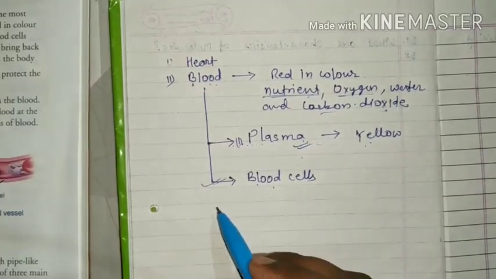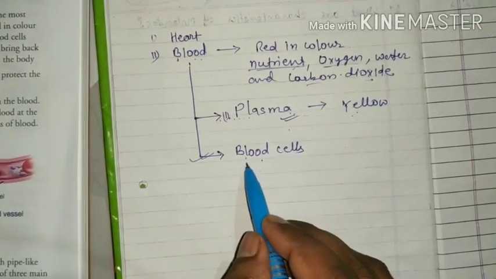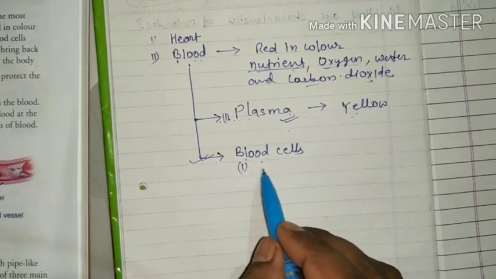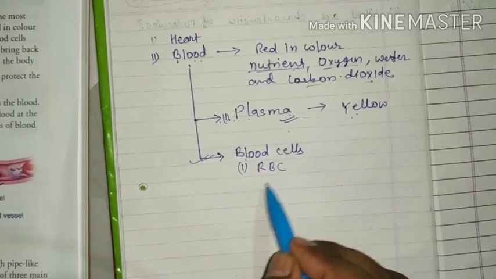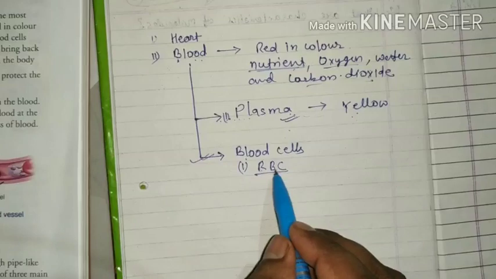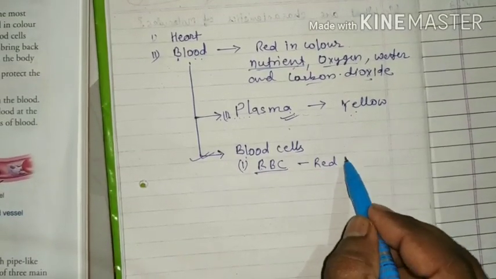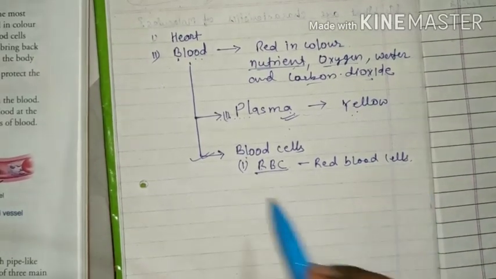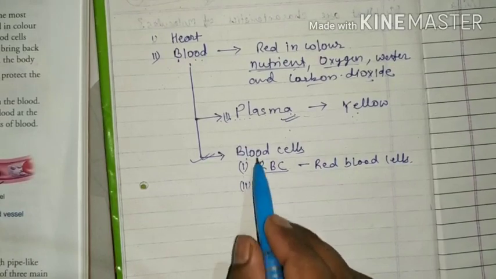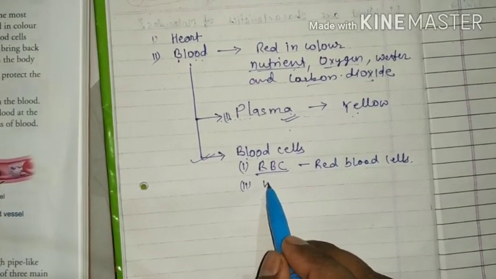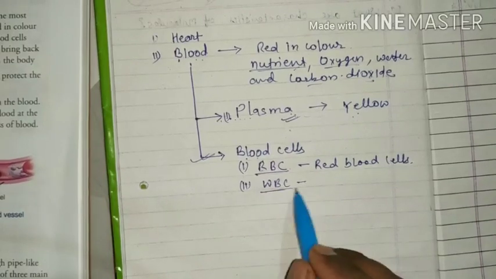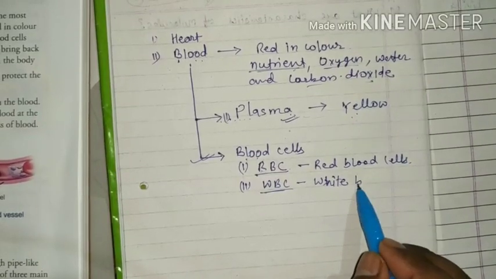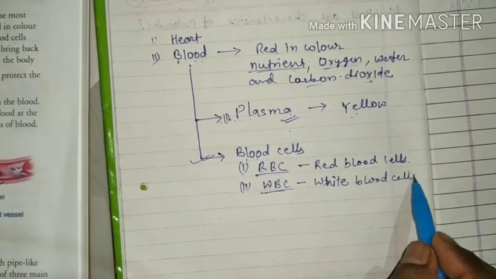Blood cells are of three kinds. First, red blood cells, in short we call RBC, that means red blood cells. The second part of blood cells is WBC, that means white blood cells.